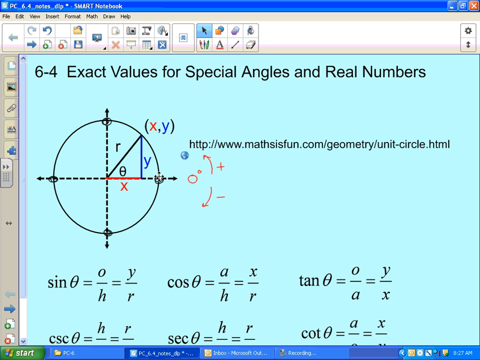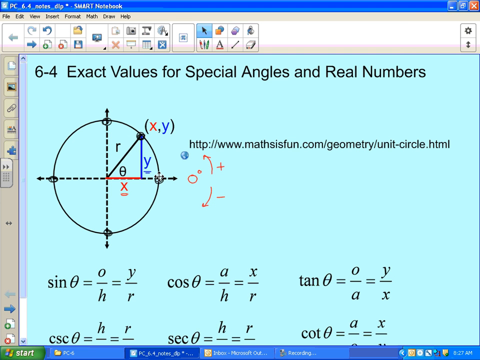So we have this point xy somewhere along the circumference of this circle. When you're at some point on the circle, you create a coordinate, which has an x value and a y value.